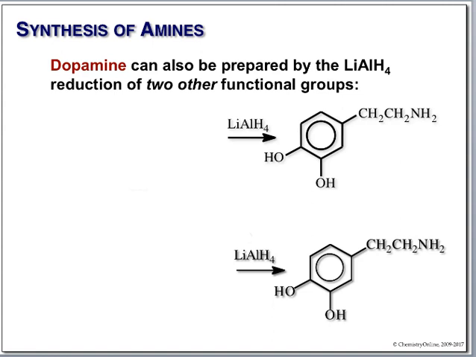If you reduce the nitrile, what do you get? An amino group, a primary amine. So if we had this particular nitrile, and we simply touched it with a little bit of lithium aluminum hydride, poof, we get our amino group.